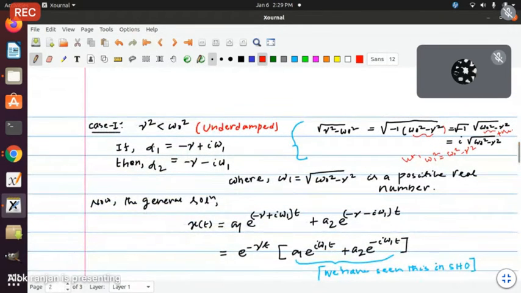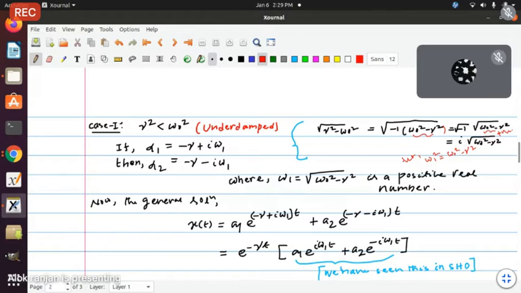Now, if we consider the positive sign for alpha 1, then alpha 2 will take the negative sign. So alpha 1 is minus gamma plus i omega 1, and alpha 2 equals minus gamma minus i omega 1.